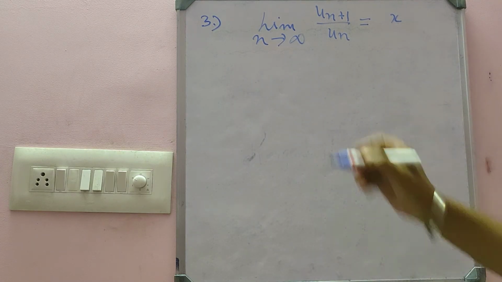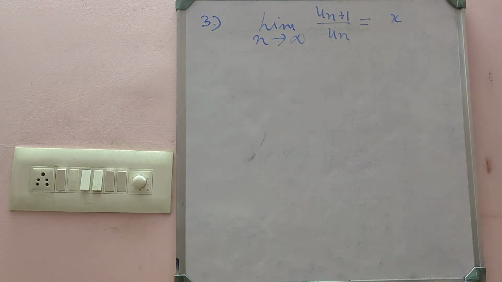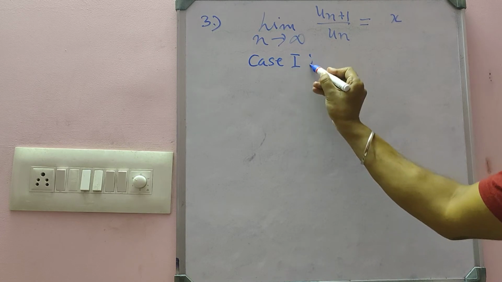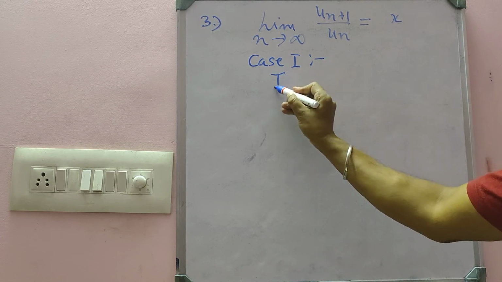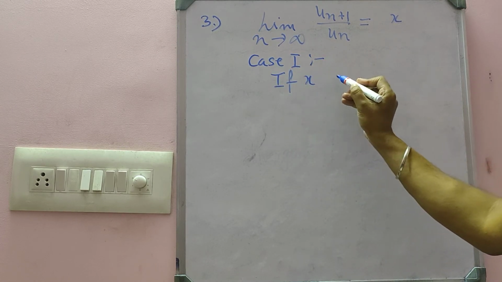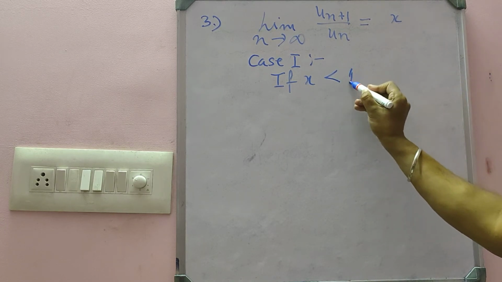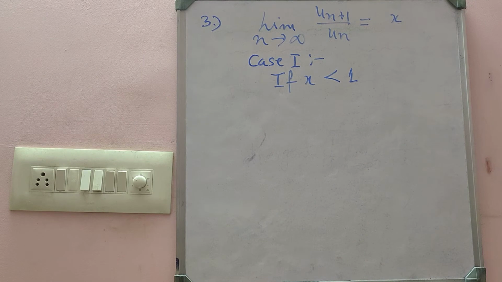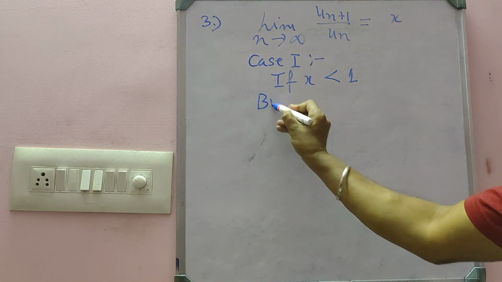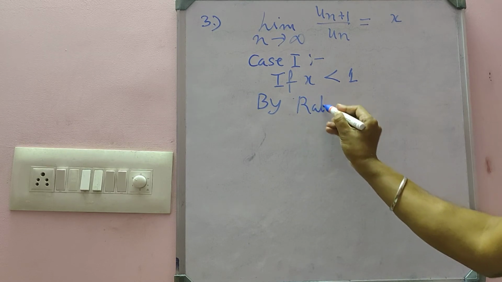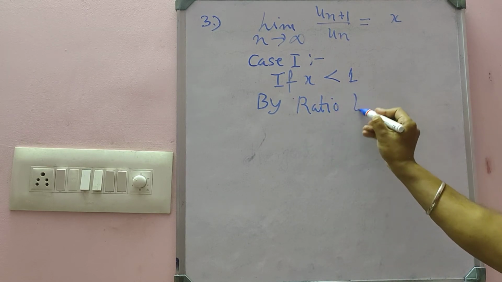So first our case 1. Case 1, if the value of x is less than 1, then we have to write by ratio test, D'Alembert ratio test.